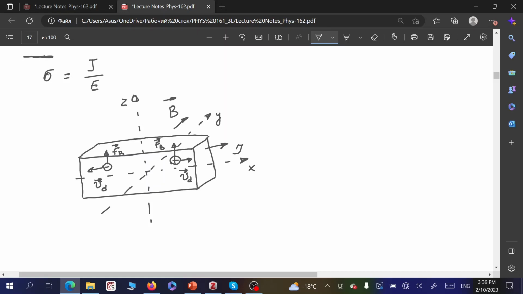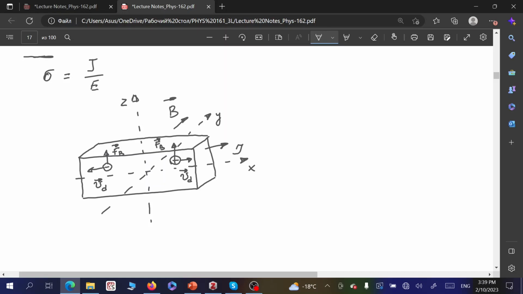So now let us assume that we have just electrons. So it could be either metal or N-type semiconductor, which is doped semiconductor. When we have majority charge carriers electrons and minority holes, we don't care about that. So what will happen? Because of this magnetic force exerted on charge carriers, this magnetic force will deflect their trajectories and kind of push them closer to the upper side of the sample.